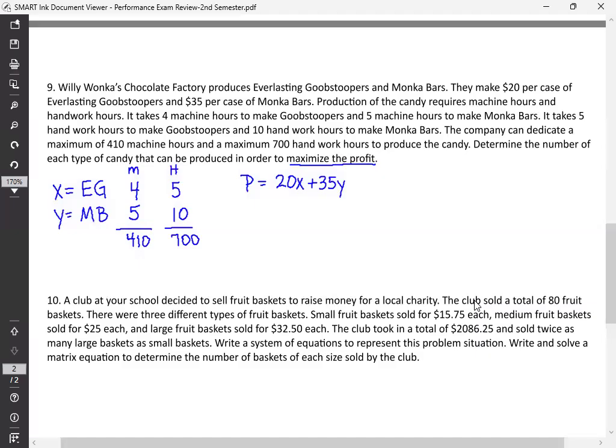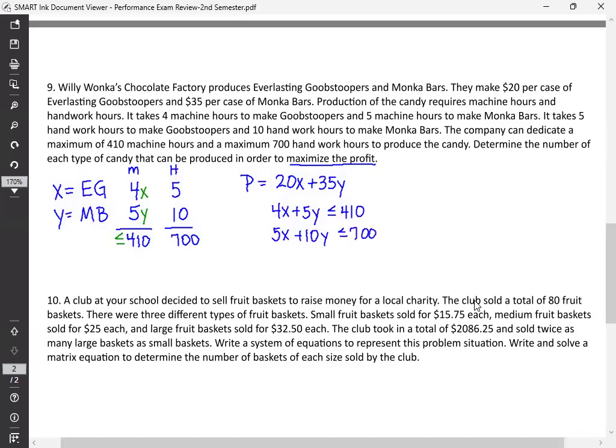So I'm going to use my notes that I just took to write my constraints. One of my constraints will be my machine hours. So I'm going to do 4x plus 5y less than or equal to 410. And then I'll do the same thing for the handwork hours: 5x plus 10y less than or equal to 700.